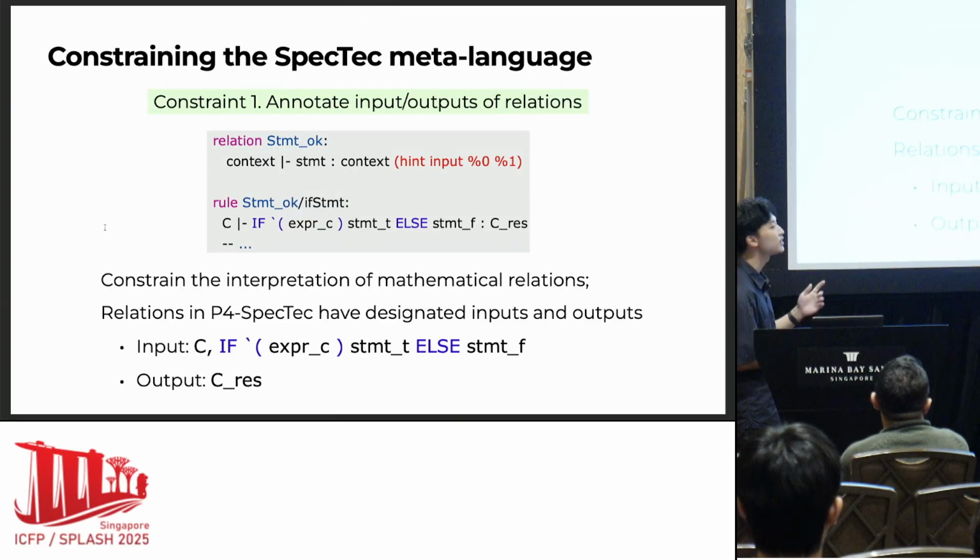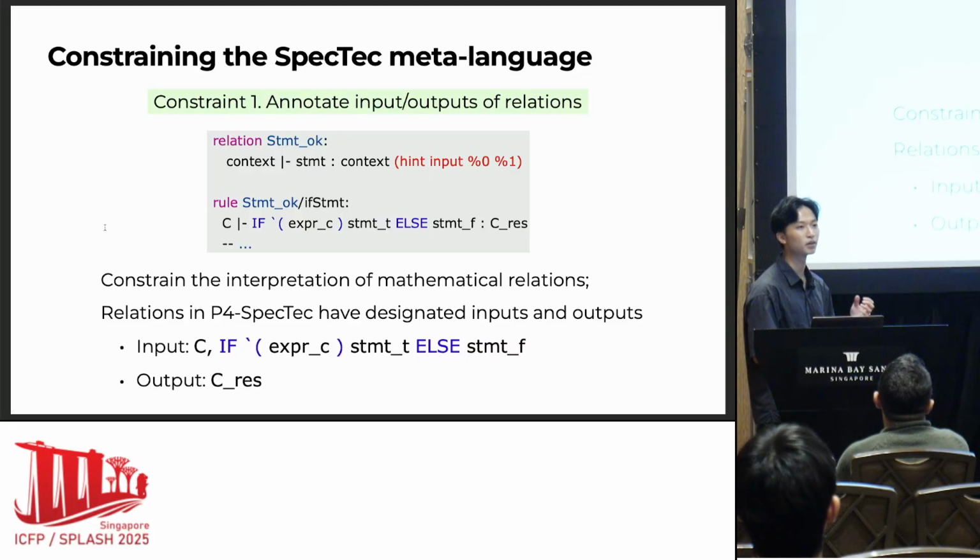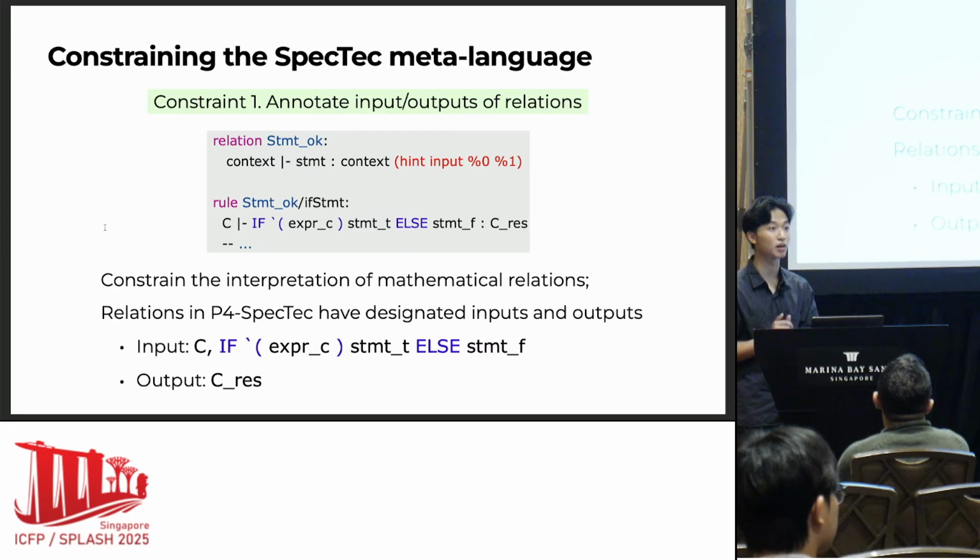Aligning with our intuitive interpretation, we impose several constraints on our meta language to enforce computability. The first constraint is that relations in P4-SpecTec must have inputs and outputs. This is in contrast with general inference rules, where they do not have designated inputs and outputs.